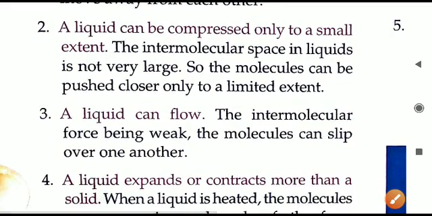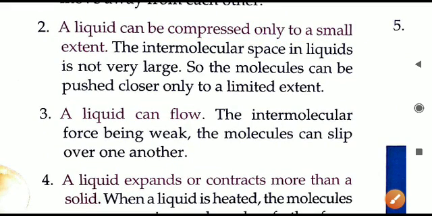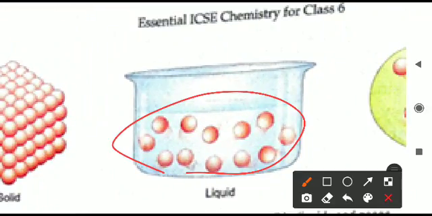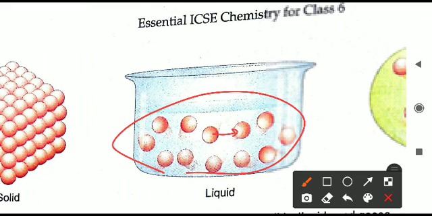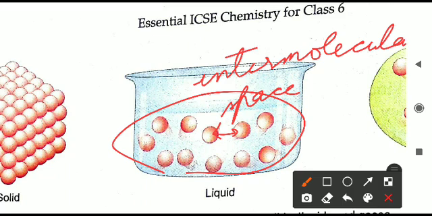Now point number 2, a liquid can be compressed only to a small extent. As you can see in the given diagram, liquid molecules are there, and in between the different molecules there is available space. This space is called intermolecular space. When we put pressure on the liquid, what will happen?